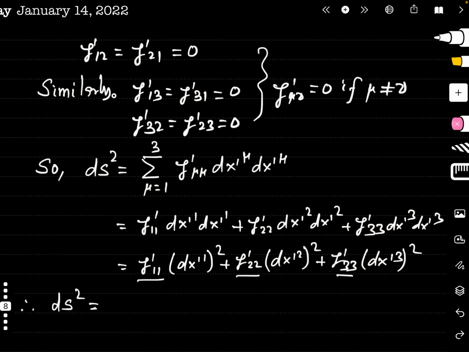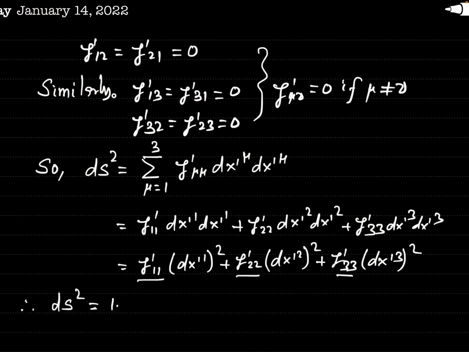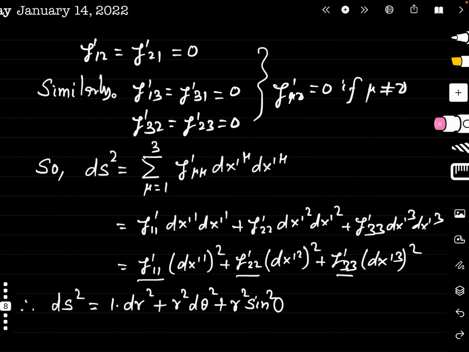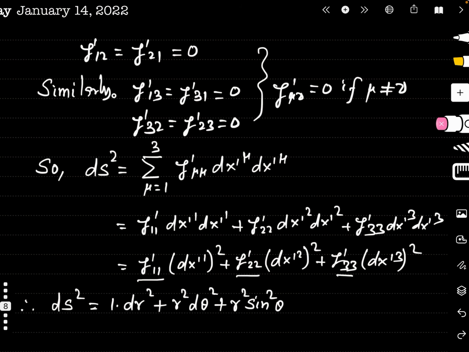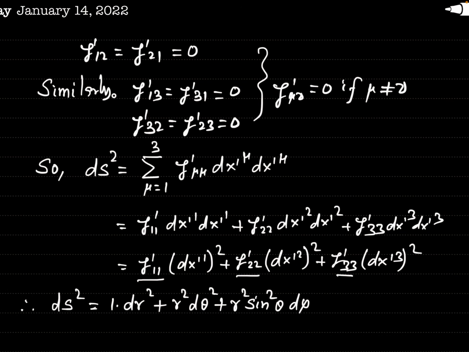So this will be 1 into dr square, plus g prime 2 2 is r square, so r square d theta square, plus g prime 3 3, which is r square sine square theta, and x prime 3 is phi, so d phi square.